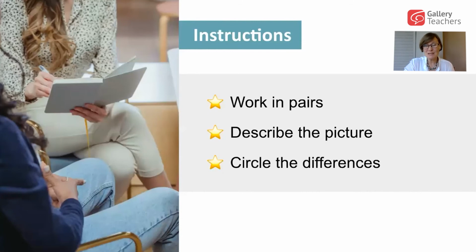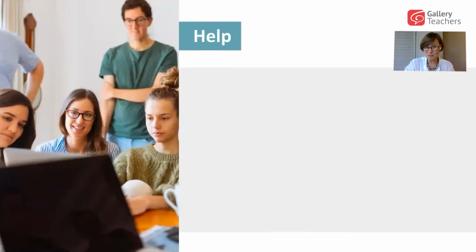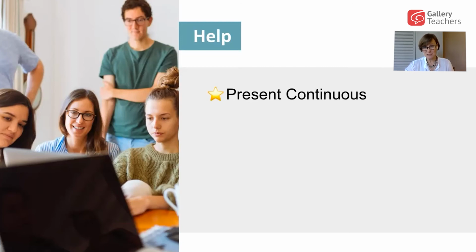All right. Now let's think about the help that the students may need with language, or maybe with something else. So first of all, I need to make sure that they're familiar with present continuous, because this is the tense that they're going to use when describing the picture. The second thing that they need is prepositions of place. On the right, on the left, next to, near, in front of, behind.